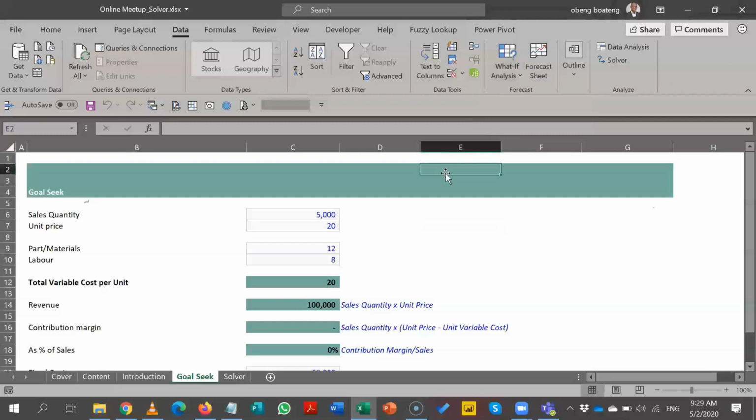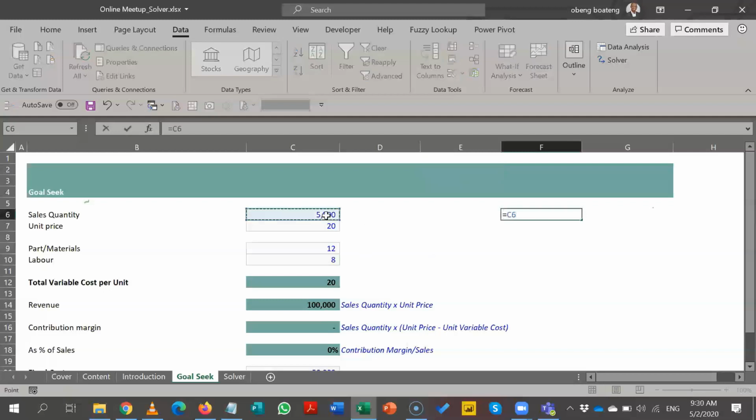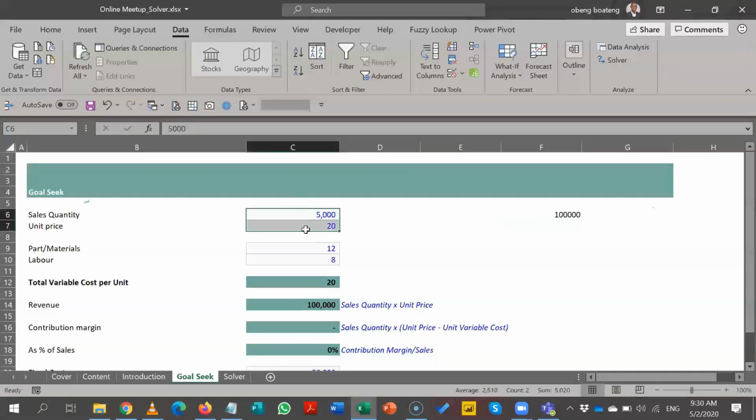What I mean by a model is that you should have some formula work at the back of what you are trying to make a decision on. It can be as simple as finding revenue. How much should I sell, or what should be the price? For example, if you have 5,000 times 20, this can be a simple model. Just multiplying this and getting this. It's a model.